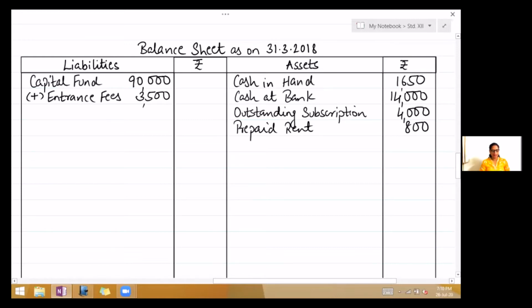Last adjustment, they have following assets and liabilities on 1st April 2017. So furniture is an asset, so write on the asset side, furniture 9,000. Building, again asset, 70,000.